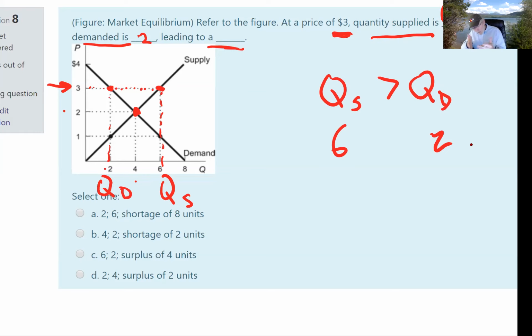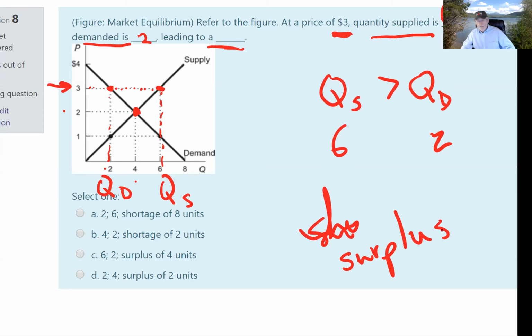When we have more units being supplied than consumers want to buy, what do we call that? We don't call it a shortage. We call that a surplus or excess supply. Producers want to sell more at the current price than consumers are willing to buy. What is the amount of the surplus here?